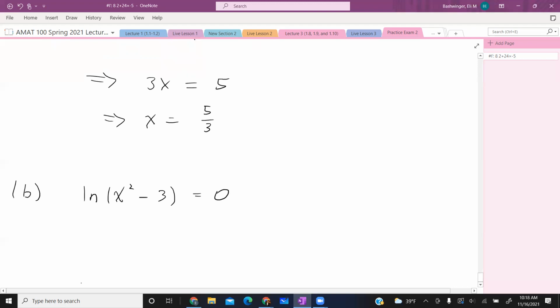So you can either exponentiate. So if I just take e and raise it to this power, and then I take e and raise it to the 0th power.